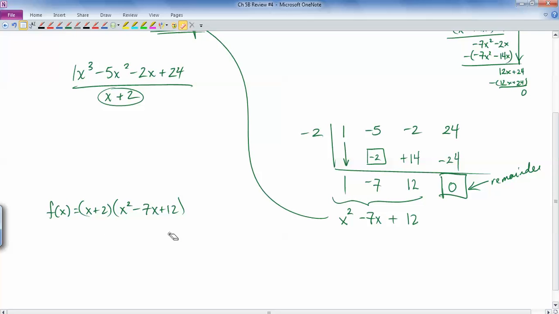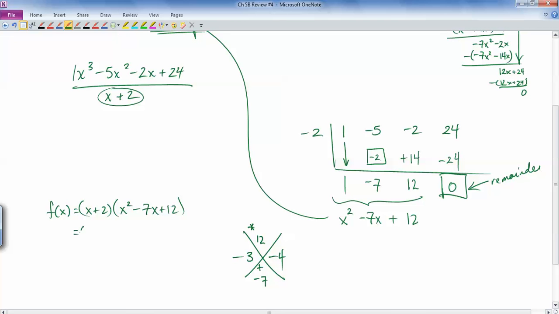You can just do it in your head. But if you can't, I'll work it out on the side here. I know that it needs to multiply to 1 times 12, and it needs to add to negative 7. So let's see. If it multiplies to a positive but adds to a negative, they both have to be negative. One's going to be 3, one's going to be 4.